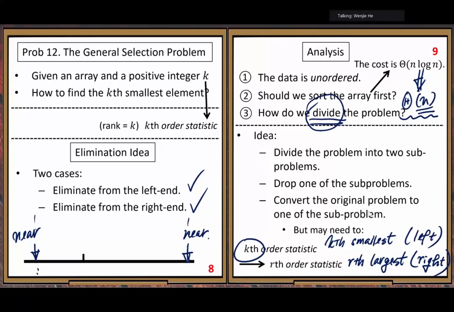Then, for the worst case, you drop the smaller subarray and keep the larger subarray. That means in the next round of divide and conquer, you need to do more work. So you want to avoid unbalanced division like that.